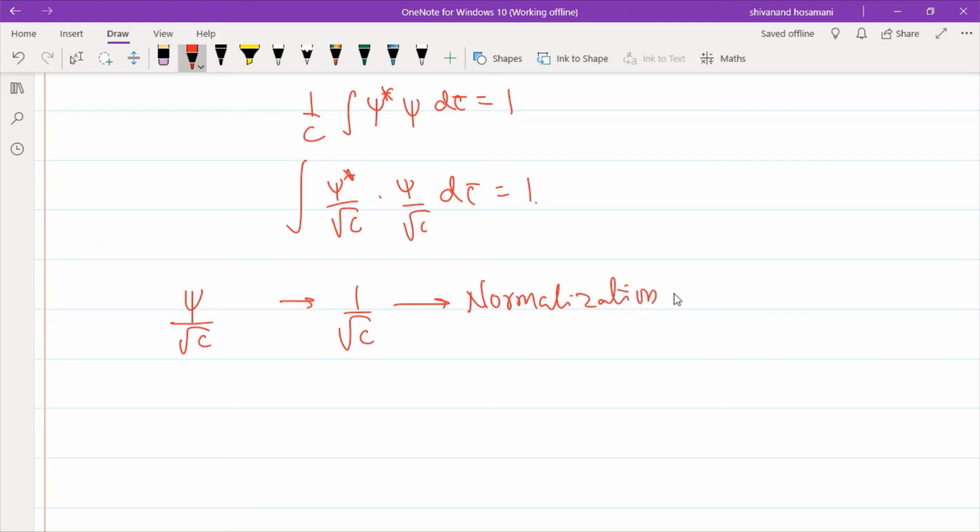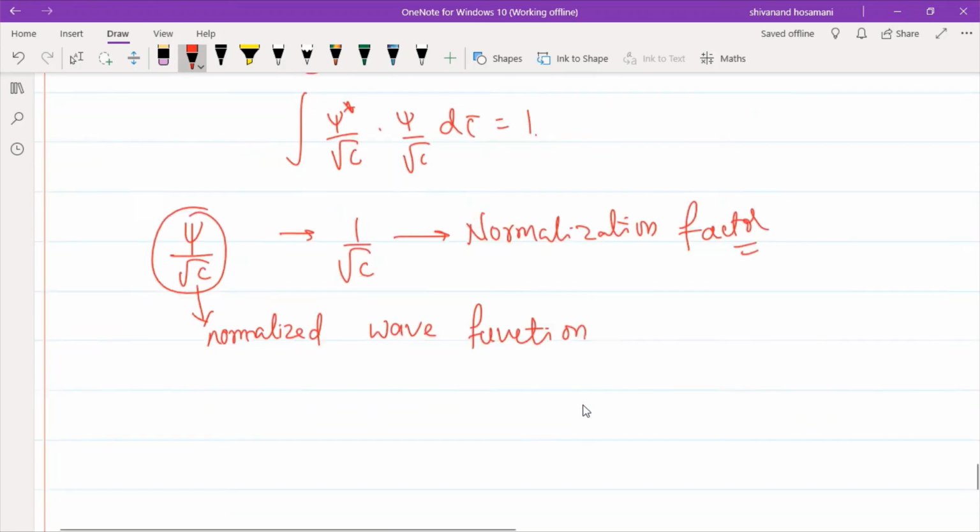Normalization factor, because this coefficient makes that wave function exist completely in that entire space with the probability equal to 1. And the wave function, when this 1 by root c is multiplied, is called a normalized wave function.